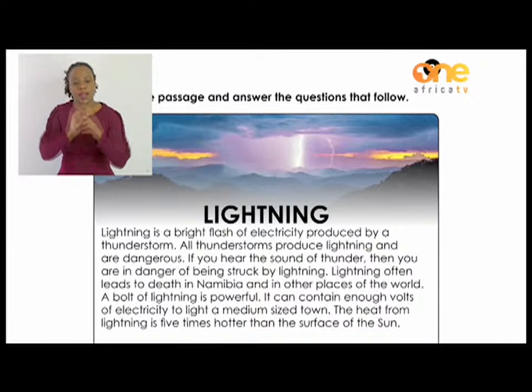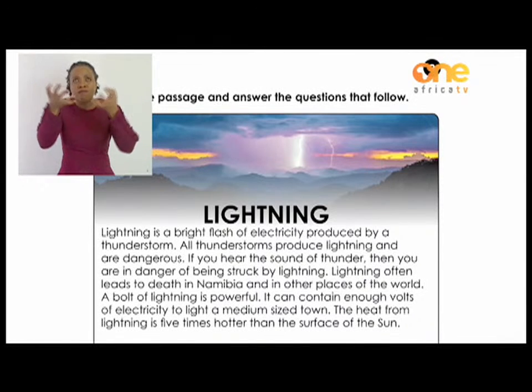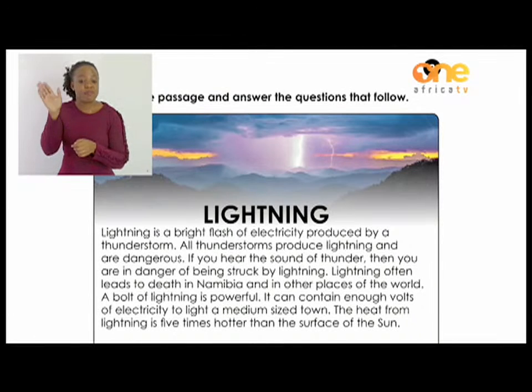Lightning. I'm sure we're all familiar with lightning. Lightning is a bright flash of electricity produced by a thunderstorm. All thunderstorms produce lightning and are dangerous. If you hear sound from thunder, then you are in danger of being struck by lightning.